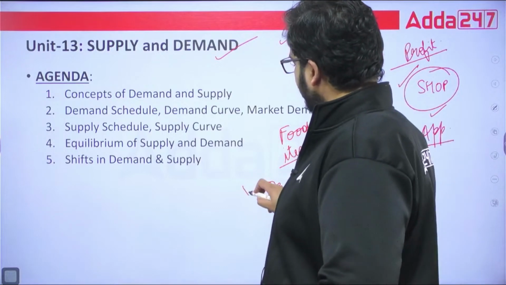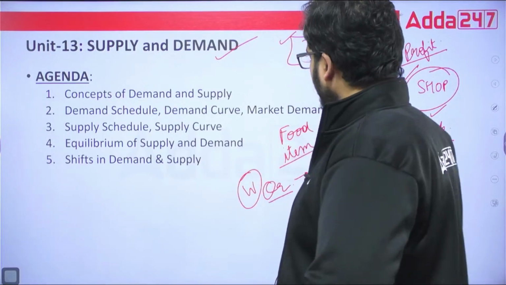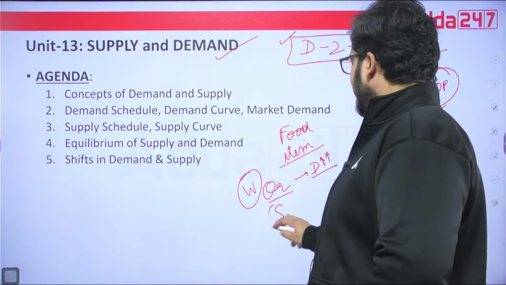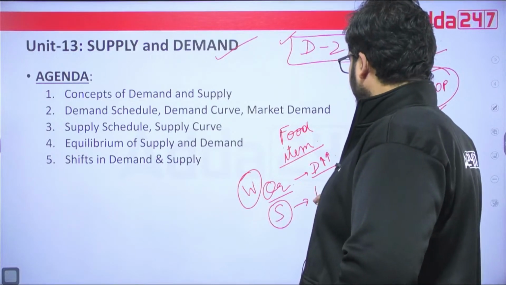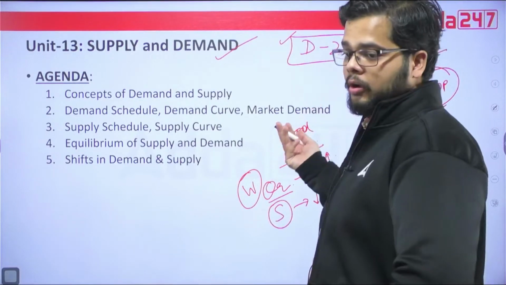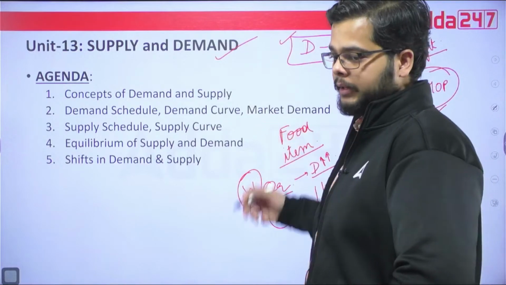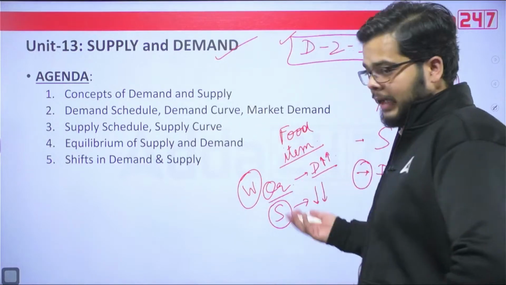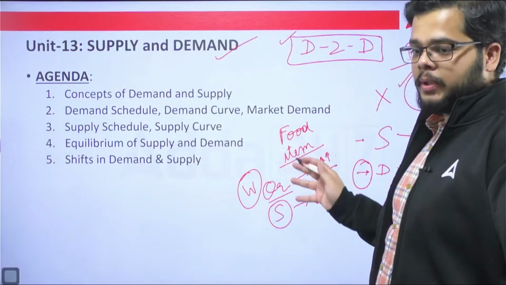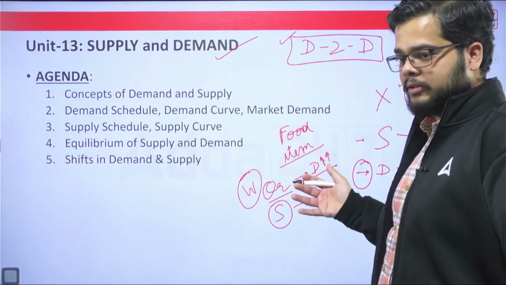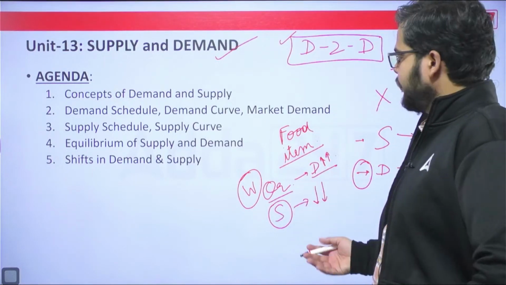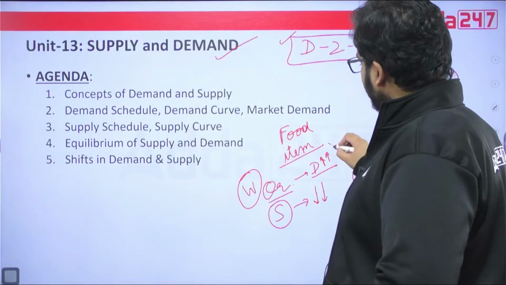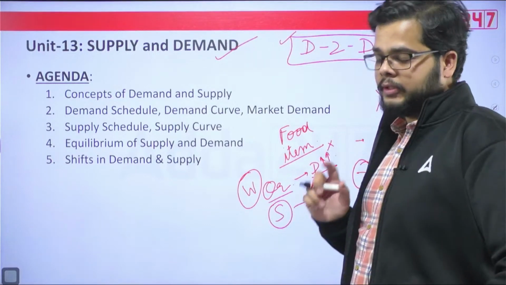People enjoy oranges in winters, but there is no supply of these oranges in a particular market or with the particular shopkeeper. Do you think again that the shopkeeper will be able to sustain his or her business? No. Why? Because he misunderstood the demand of the market.